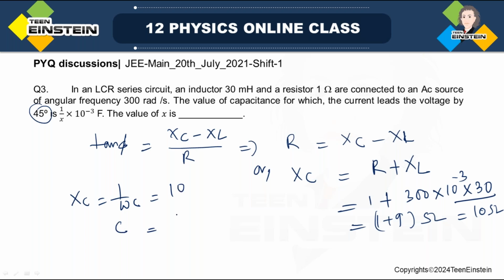So c will be 1 over 10 omega. Omega anyway we know, so let me write this as x.